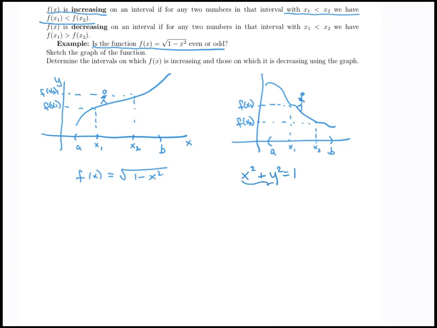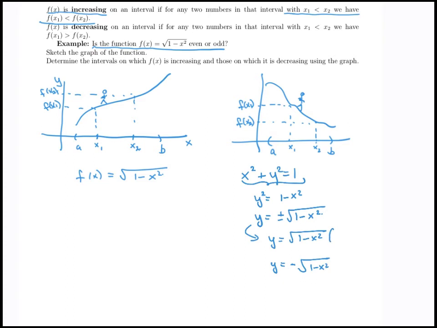If I try to solve for y here, I get y squared equals 1 minus x squared, and that means that y equals plus or minus the square root of 1 minus x squared. And that gives me two functions here. y equals the square root of 1 minus x squared, and y equals minus the square root of 1 minus x squared.